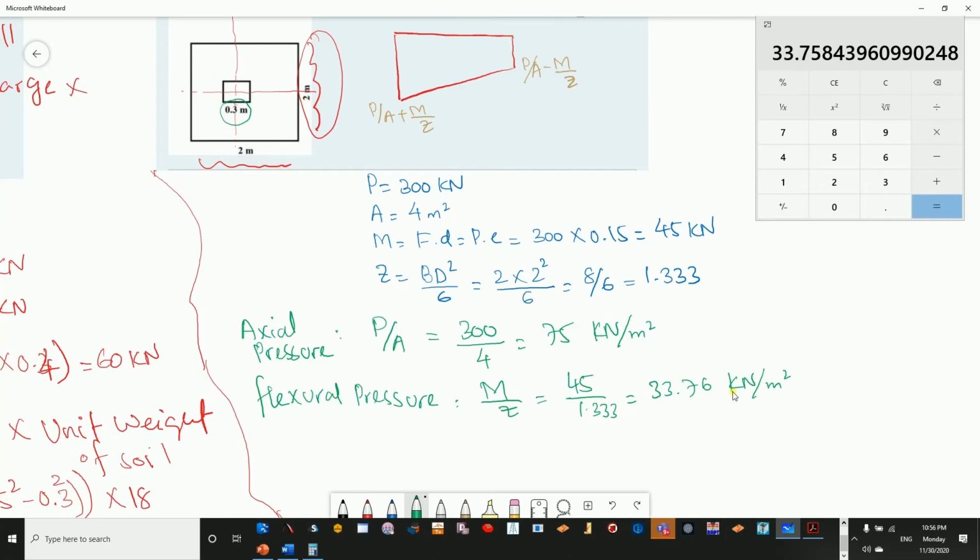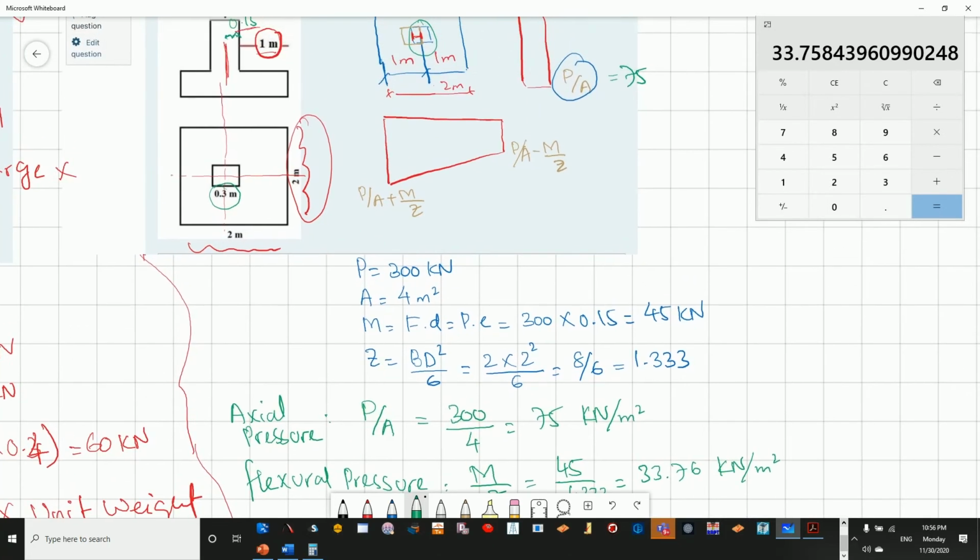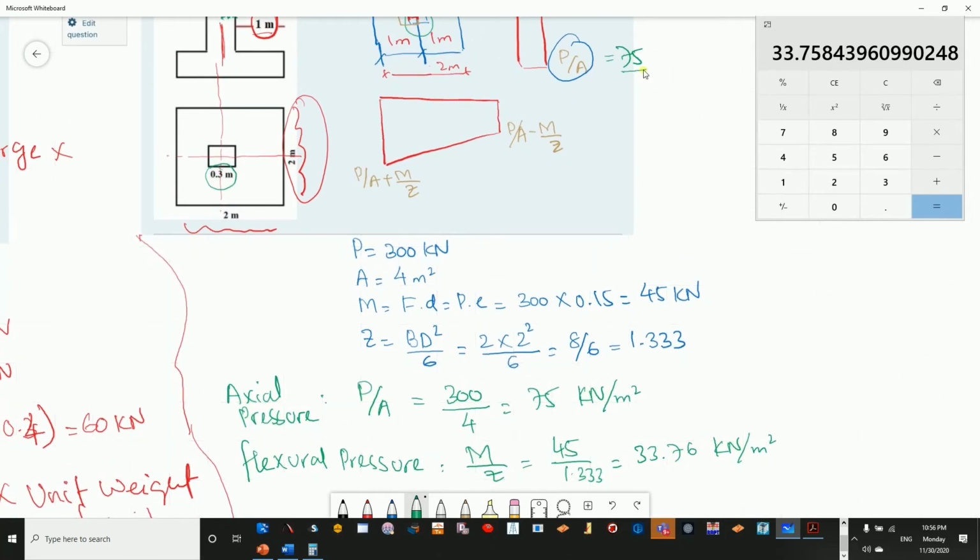Now we have directly got this one to be 75. So this one is going to be 75 minus 33.76, and this is going to be 75 plus 33.76.